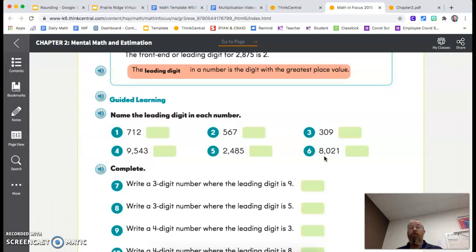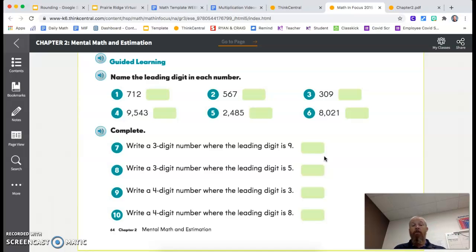Now, the next ones we're going to make our own number. Any 3-digit number where the leading digit is a 9. You could say 999, 900, 901, 937. Any 3-digit number as long as it starts with a 9.